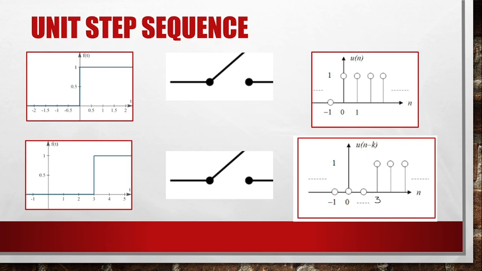Now we are going to start a new thing, that is the unit step sequence. We all know what a unit step function is, or how a unit step signal looks. We know it will be like this. This is a continuous signal. Now if I sample it at unit time intervals, after 0 I will get the sample value at 1.